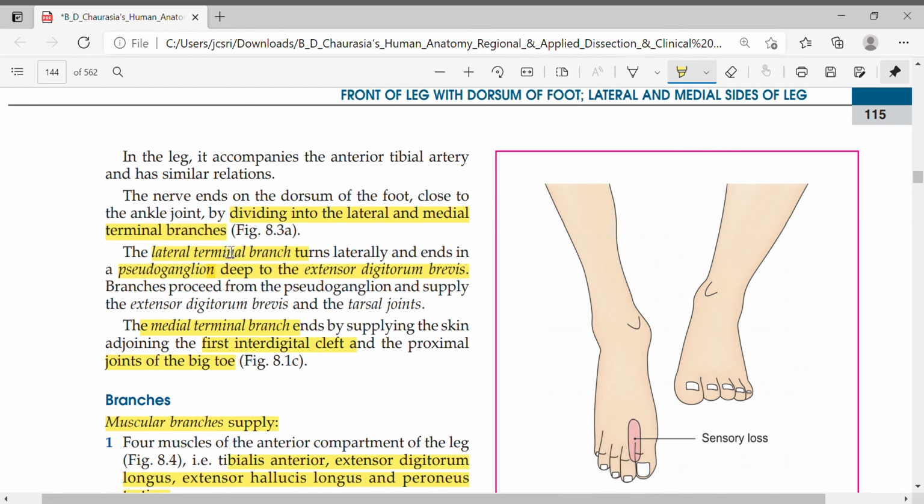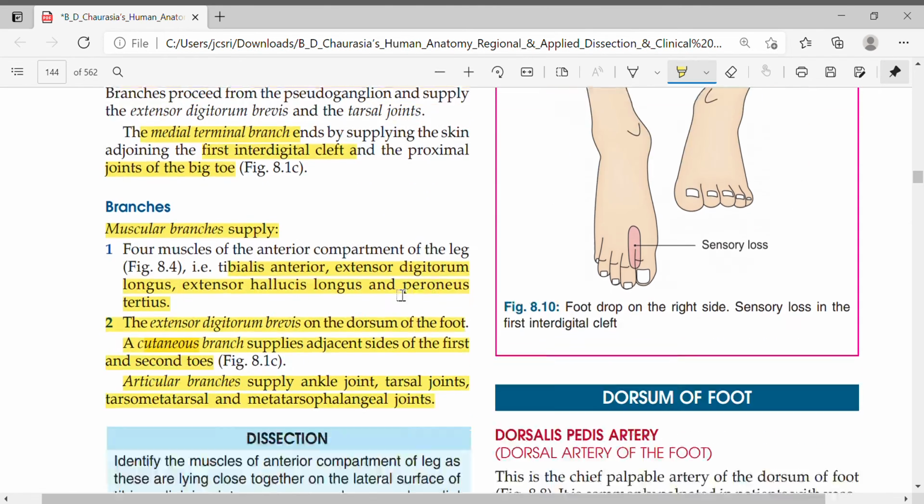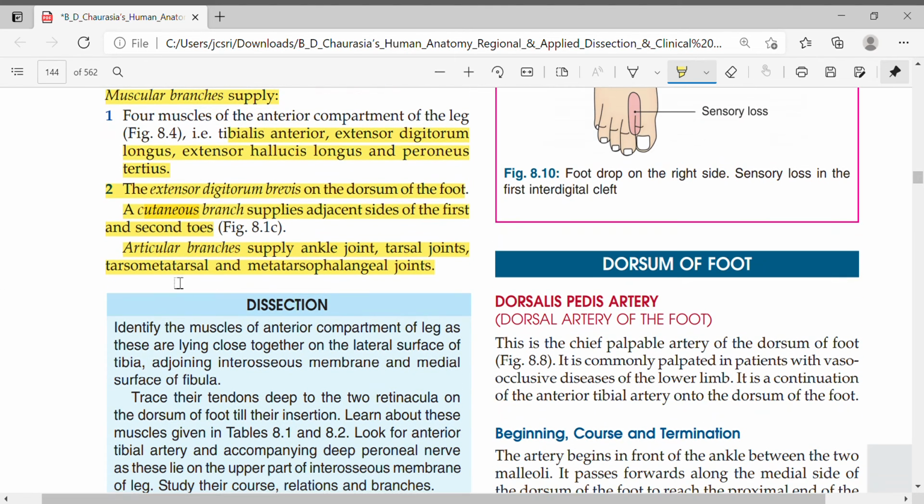The lateral terminal branch forms the pseudoganglion and supplies the extensor digitorum brevis, and also supplies the second dorsal interosseous. The medial terminal branch supplies the first dorsal interosseous, first interdigital cleft and toe. Muscular branches, articular branches to the ankle, tarsal, metatarsal and metatarsophalangeal joints, and cutaneous branches go to the second toe and the first toe. The brevis also gets its supply from the lateral terminal branch.